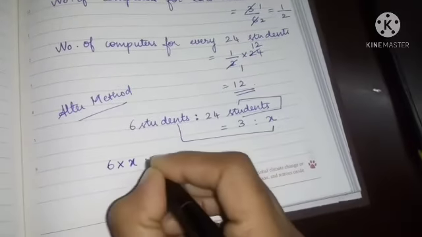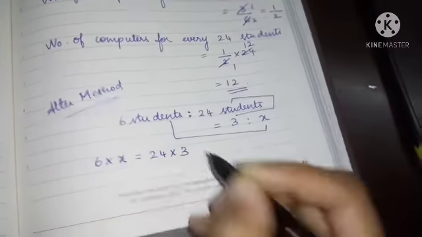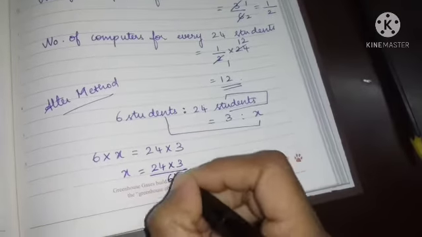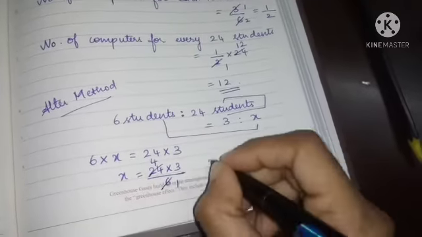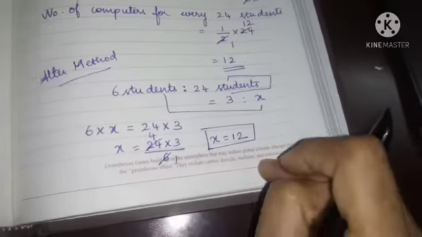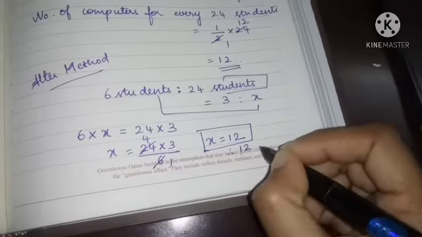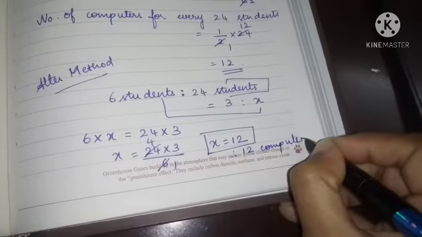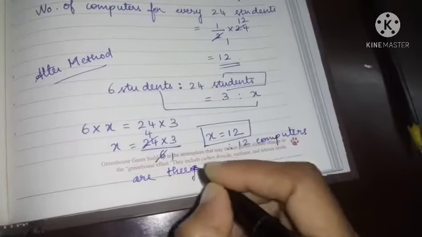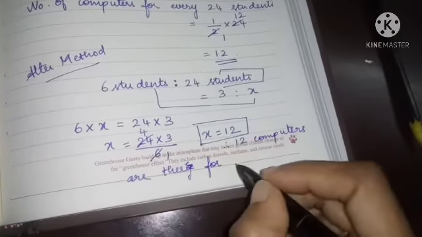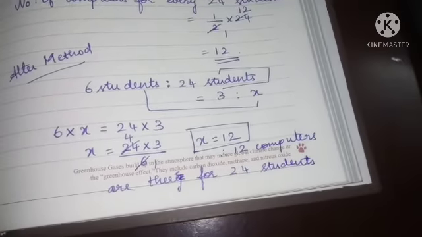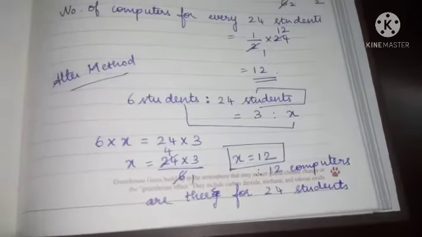So 6 into x is equal to 24 into 3. So x is equal to 24 into 3 divided by 6. 6 ones are 6, 6 fours are 24. So x is equal to 4 threes are 12. Therefore, there are 12 computers for 24 students. Understood?